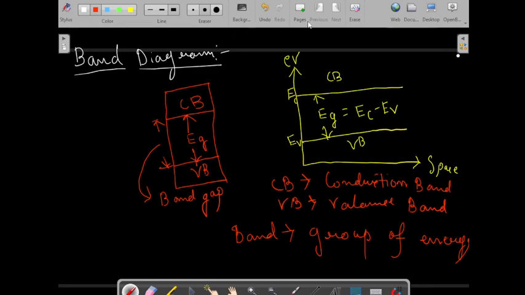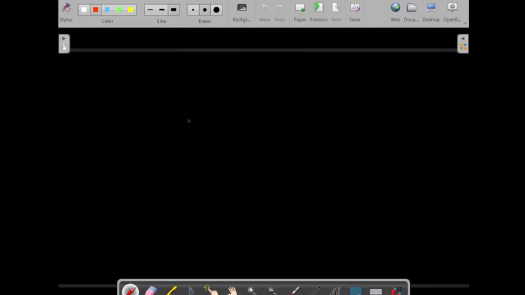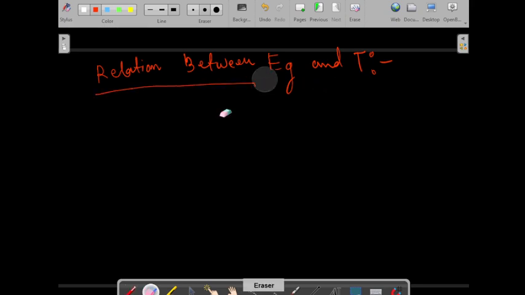Here you have to know the relation between EG and temperature, where temperature is in Kelvin.